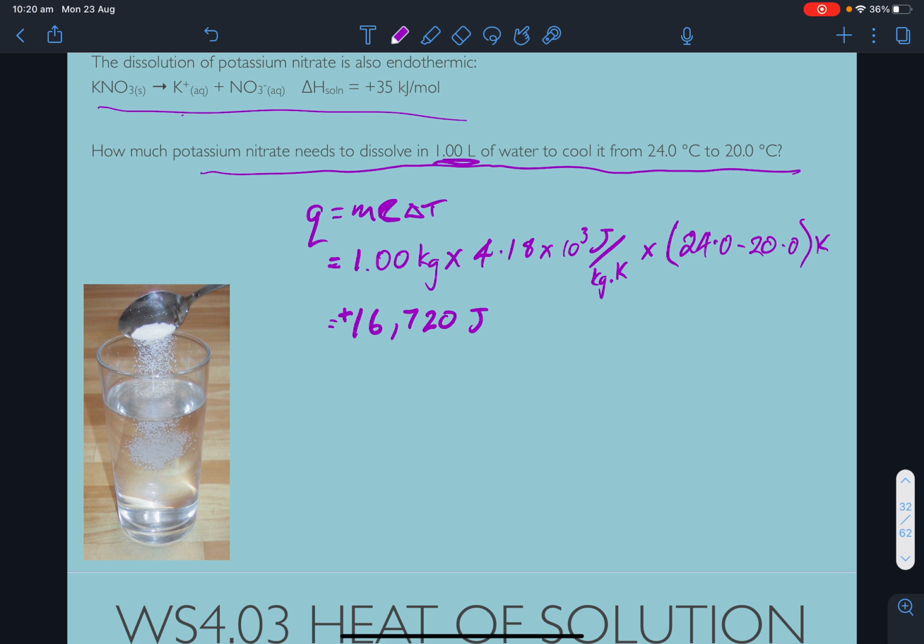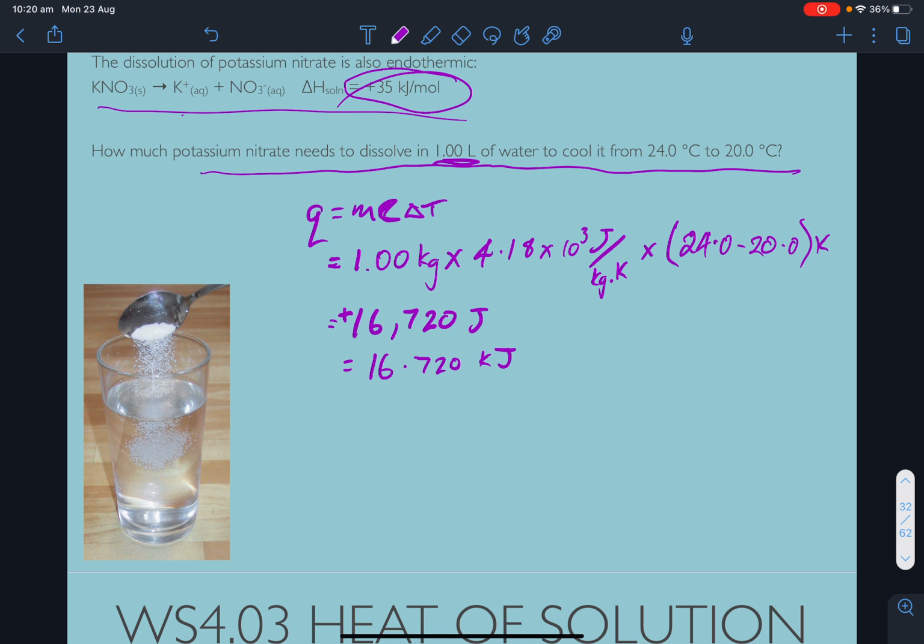Let's convert that over to kilojoules, because we're going to have to combine it with the 35 kilojoules per mole, which gives 16.720 kilojoules.